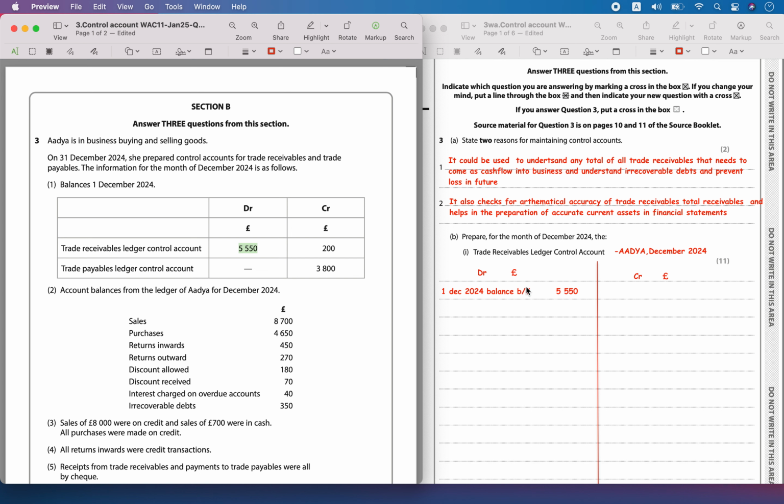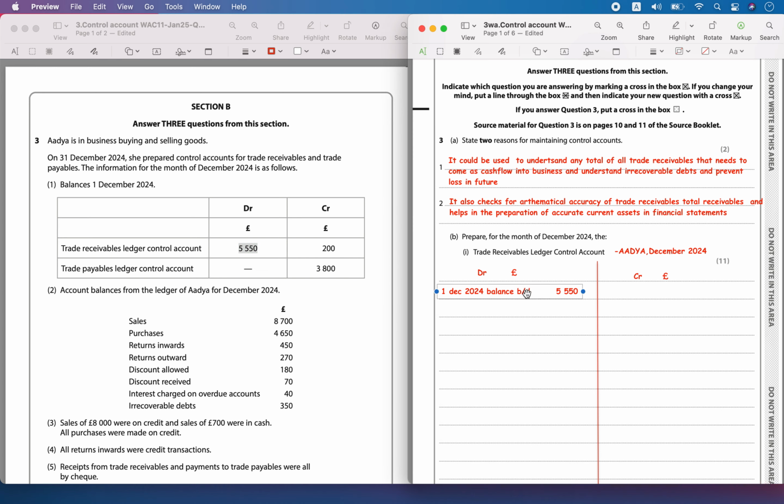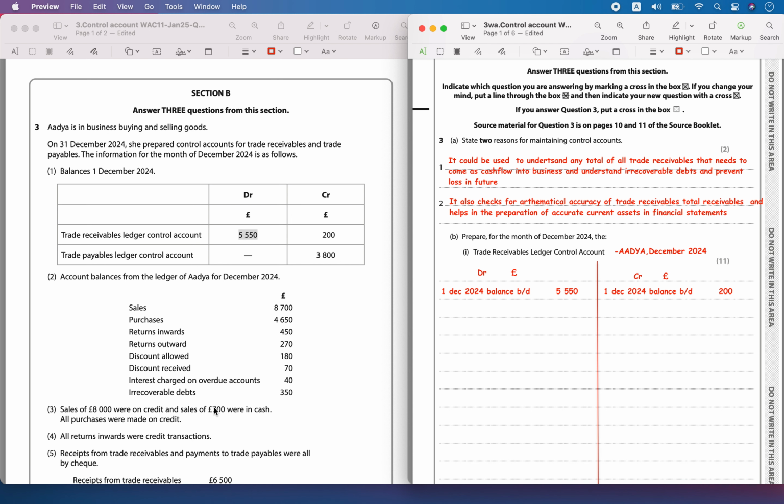Then the credit balance was 200, so let's write the credit side also 200.